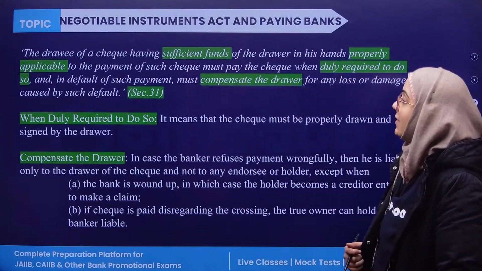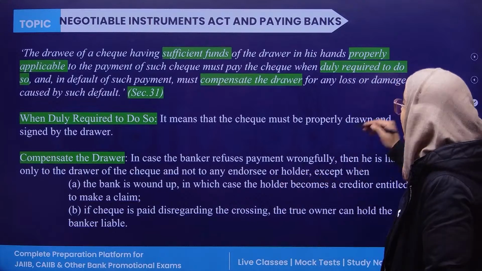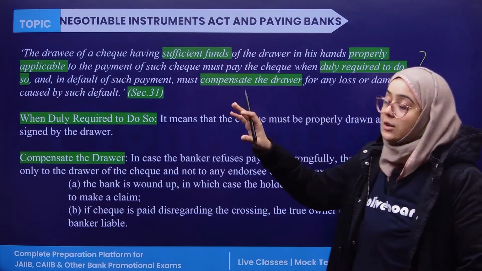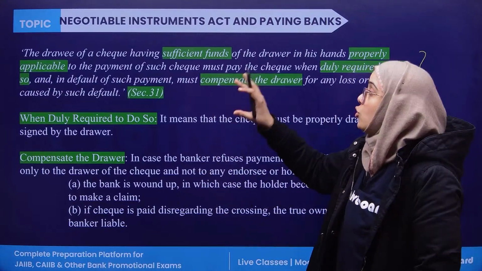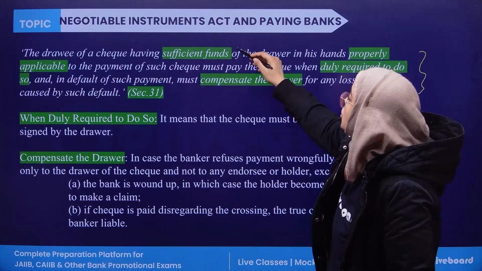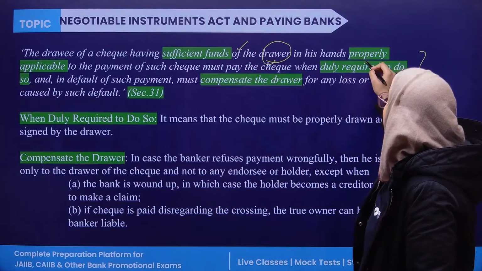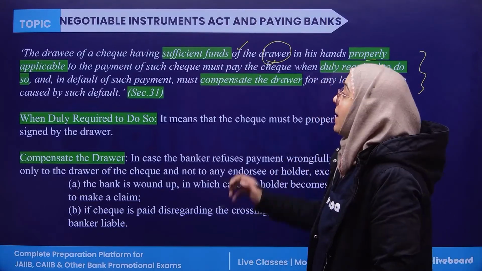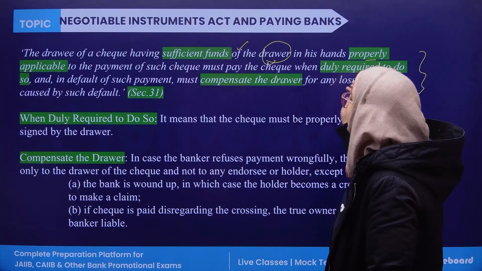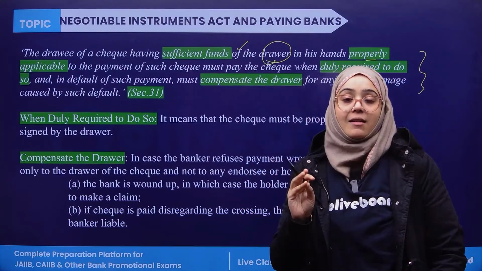The very first thing is the definition, which says that the drawee of a check means the bank, the one who is directed to pay. The drawee bank should have sufficient funds of the drawer in hand, properly available for payment of such check when duly required to do so. So there are different conditions.